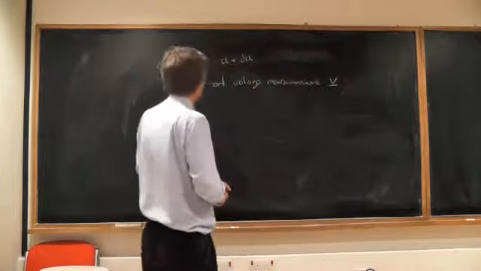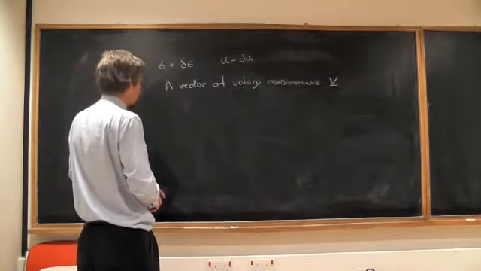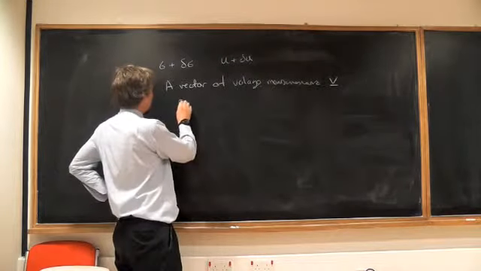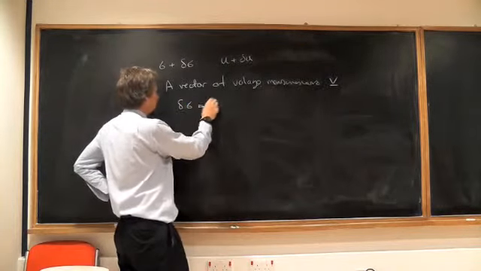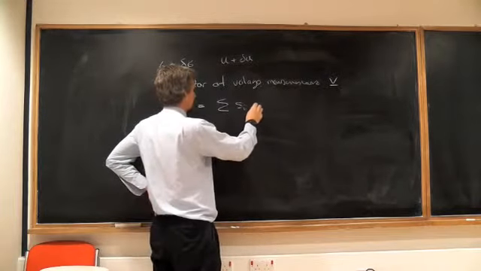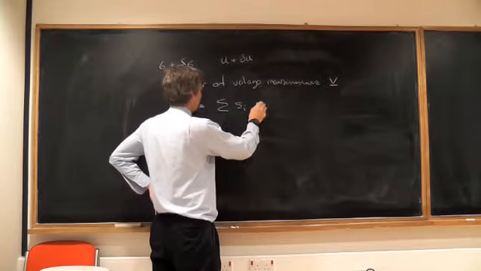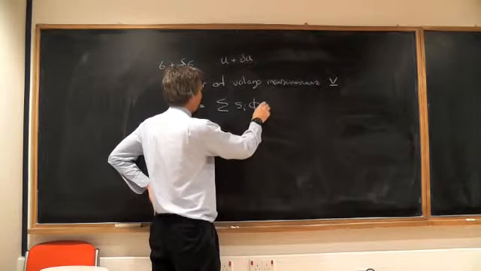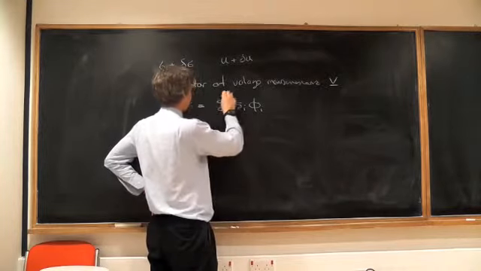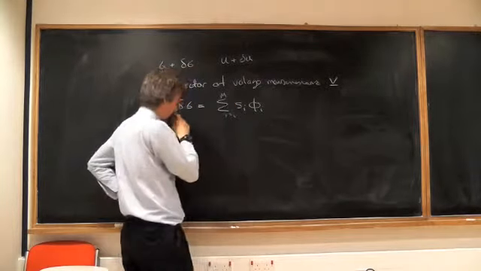Okay? And we assume that delta sigma is a sum of s_i times some basis functions, phi_i(x), with i going from 1 to m, say.